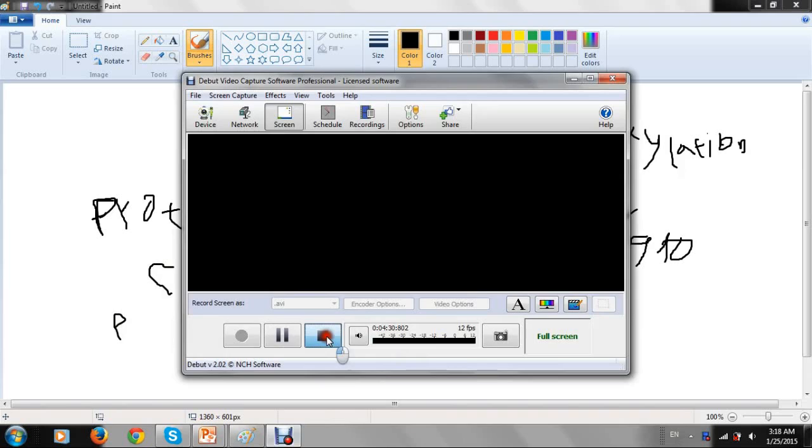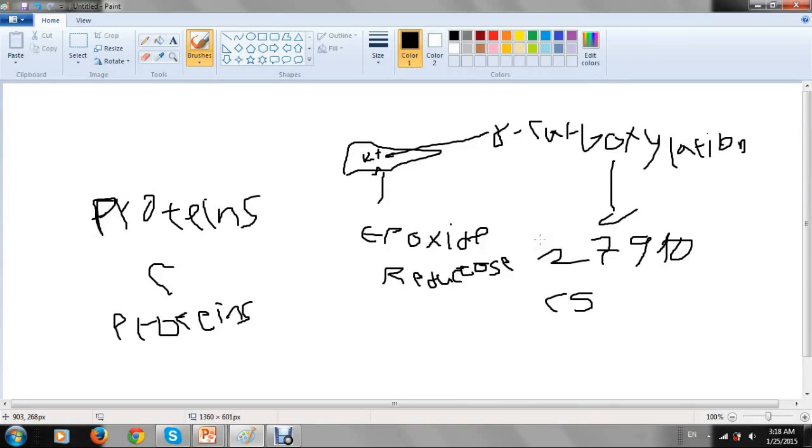I would also like to mention a quick word about protein S and protein C. So again, they are produced by the liver with vitamin K. They require vitamin K for the gamma carboxylation reaction which produces them. Basically, protein C and protein S are anticoagulants.